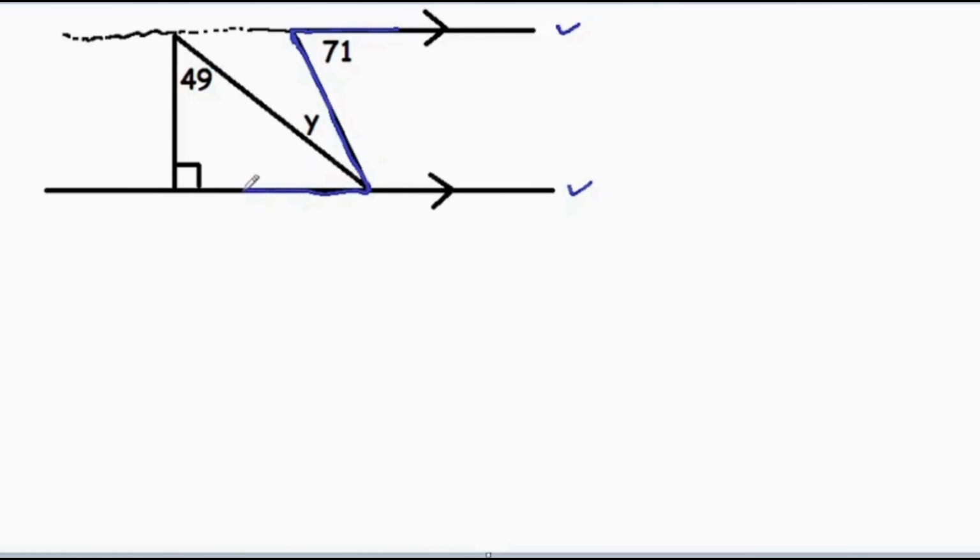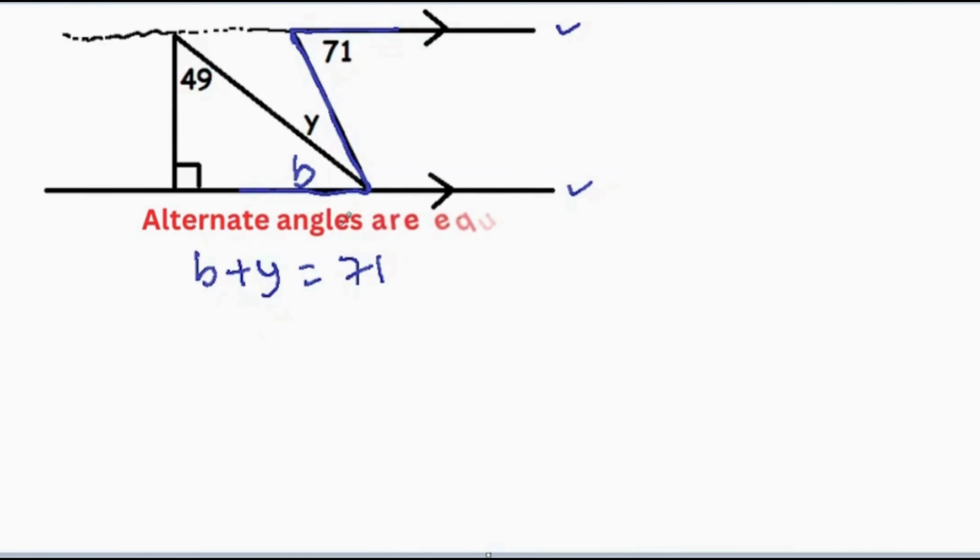Oh, just like the first one we did, two angles add up to give 71. So let's write B here. So the sum of B and Y equals 71. Alternate angles are equal. Okay, but we need to find B. How are we going to do that?